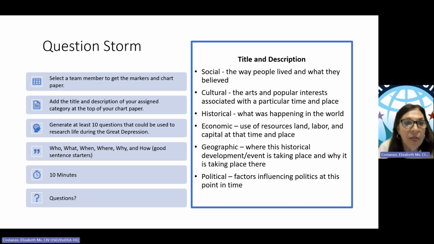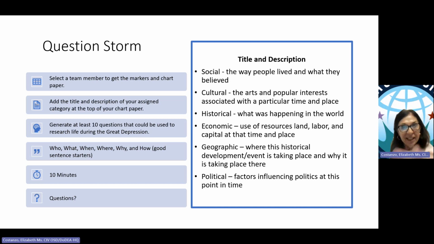Okay, great. Then you're going to generate at least 10 questions that could be used to research life in the Great Depression. You have those great sentence starters: who, what, when, where, why, and how. And you're going to have 10 minutes to generate at least 10 questions. Okay, does anybody have any questions about what we're going to be doing?